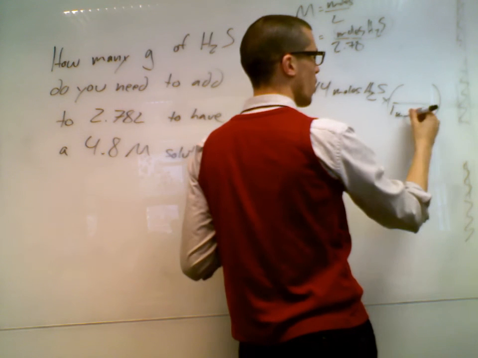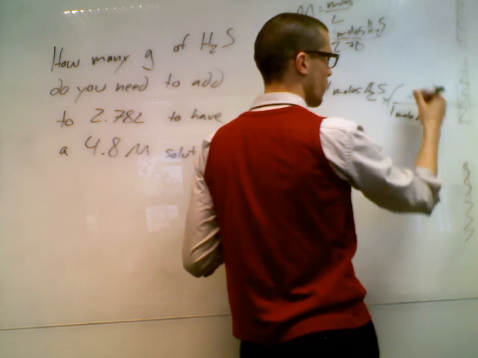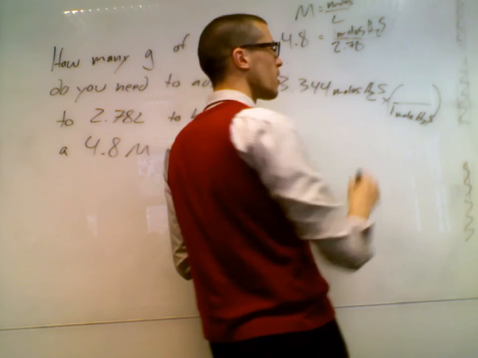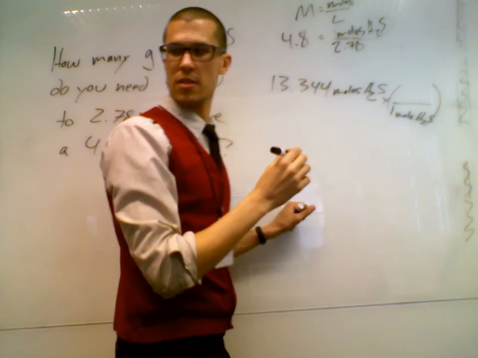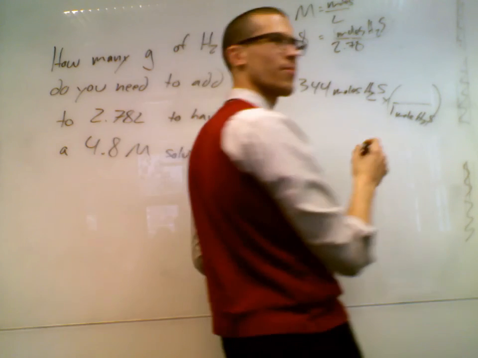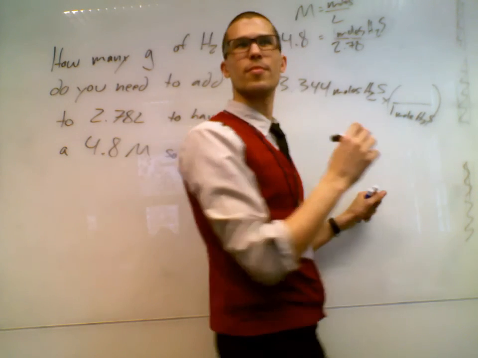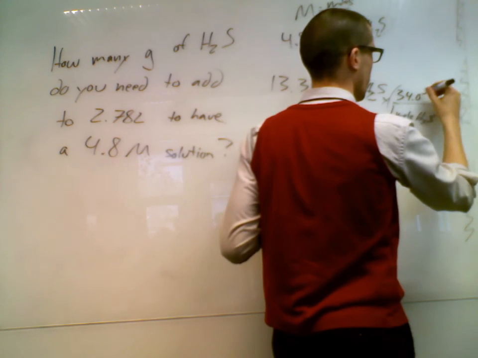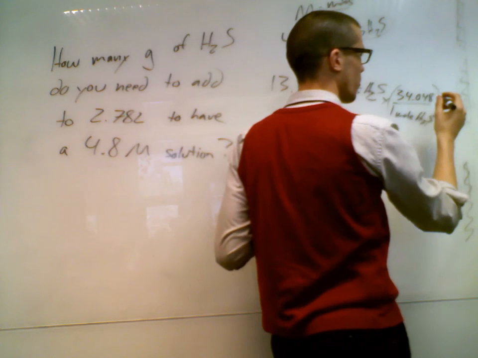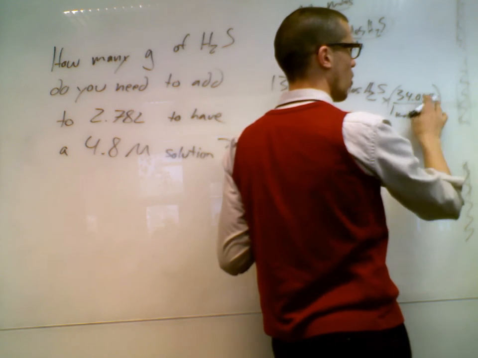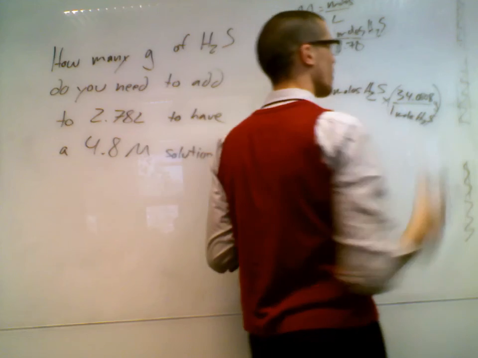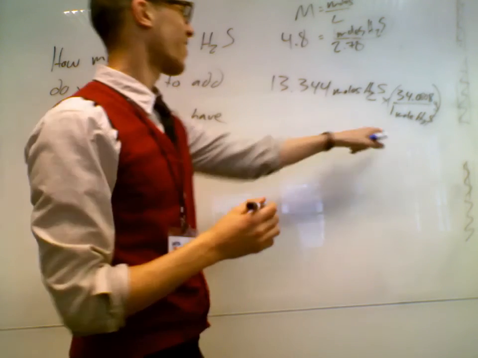So you say 1 mole of H2S, and then you have to figure out the molar mass of H2S. The molar mass is 34.0808.